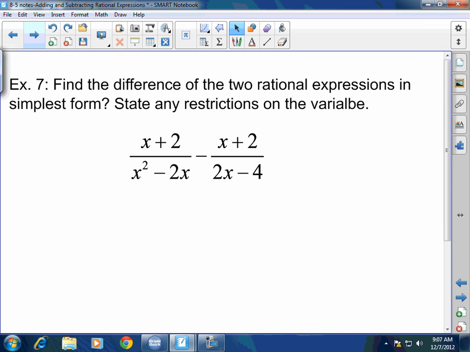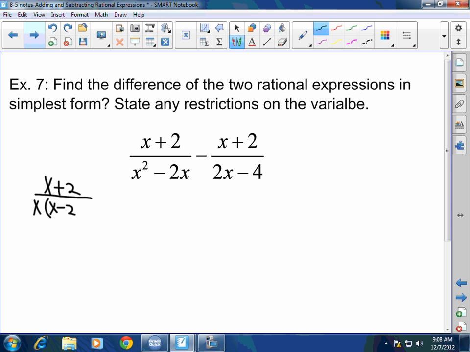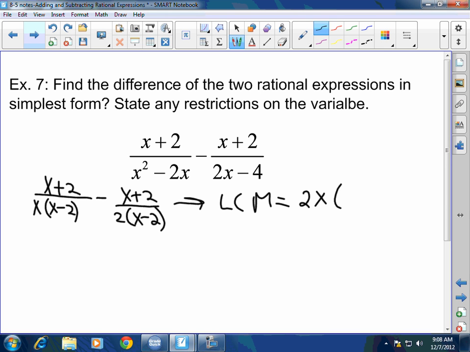Okay. Let's do this. We've got x plus 2 over x times x minus 2 minus x plus 2 over 2 times x minus 2. Okay. What's my LCM? Pay attention to it. 2x times x minus 2.